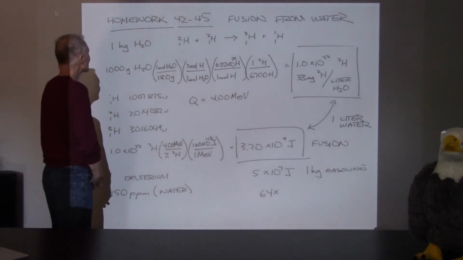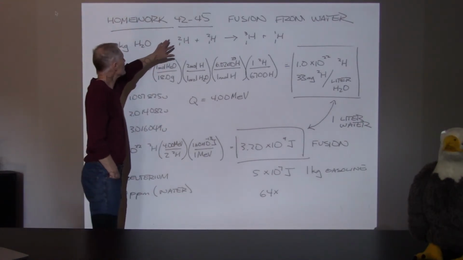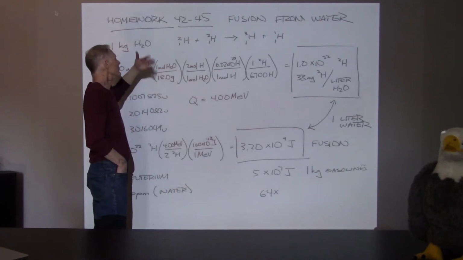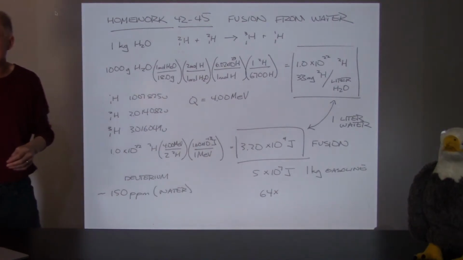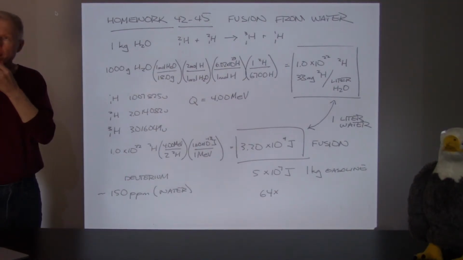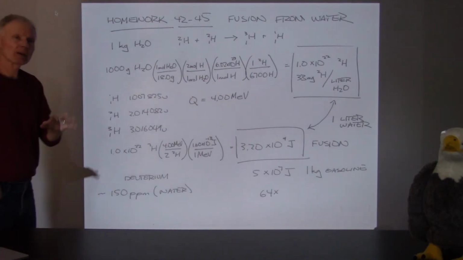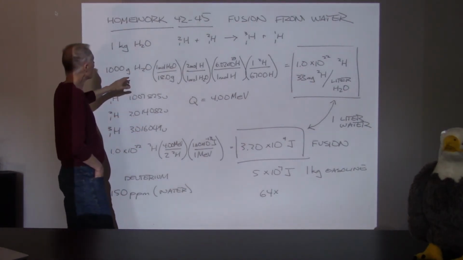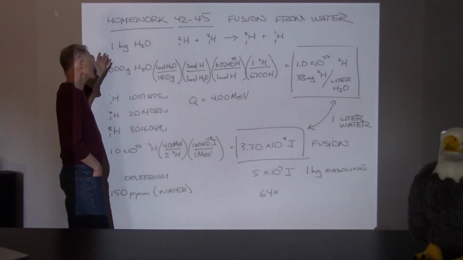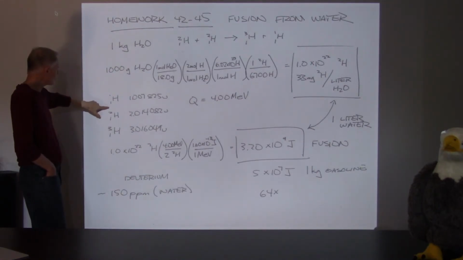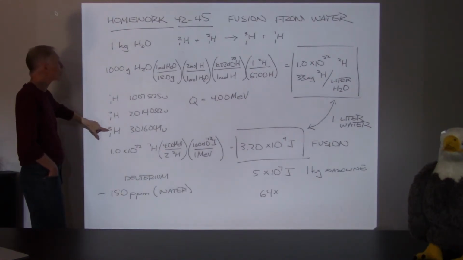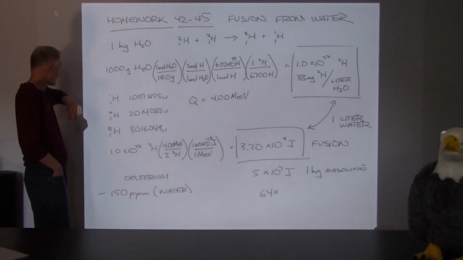So anyway, let's see what we've got here. This is the reaction they gave us. They assume that we just look back in the book and come up with a Q value, but I went ahead and calculated the Q value myself. So here it is. I wrote down the mass of hydrogen 1, hydrogen 2, hydrogen 3. They're just all different isotopes of hydrogen.